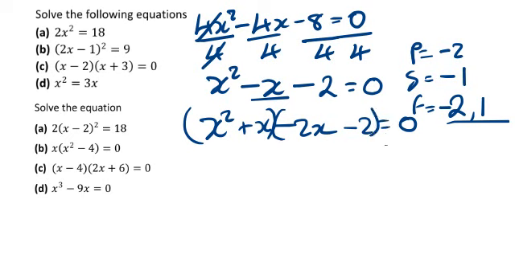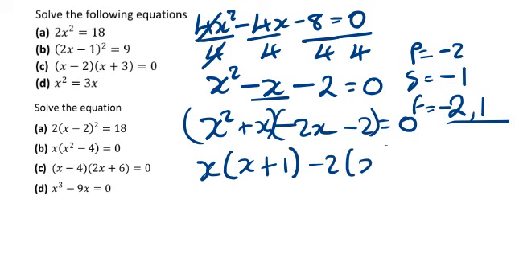So you say which one is common? x into x squared is x, x into x is positive 1. Here negative 2 is common, so negative 2 into negative 2x is just x. Negative 2 into negative 2 is positive 1, equal to 0.